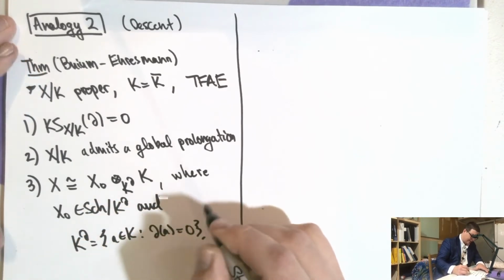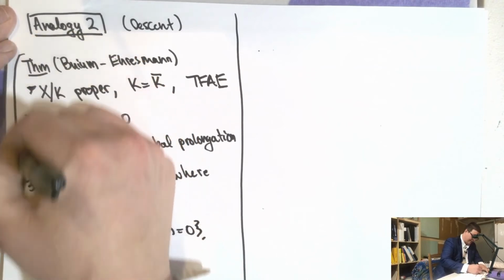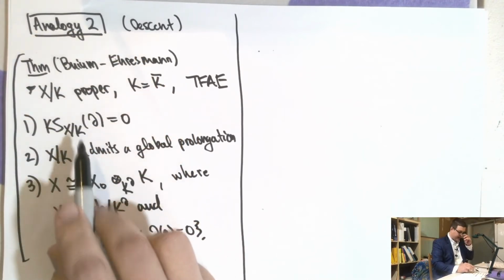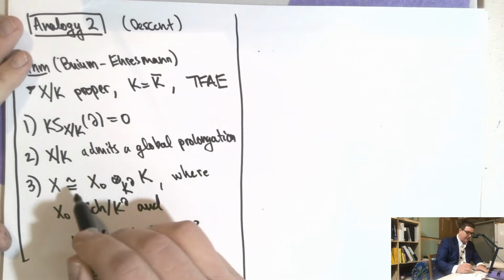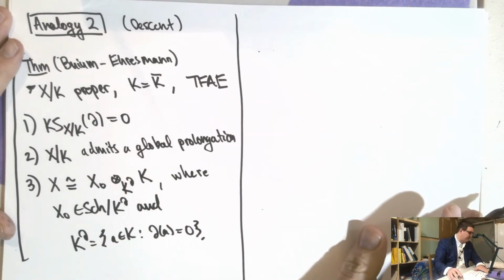Again, this is always in a differential algebra setup. What it says is that this detects whether or not it descends to the constants. This is the isotriviality condition.